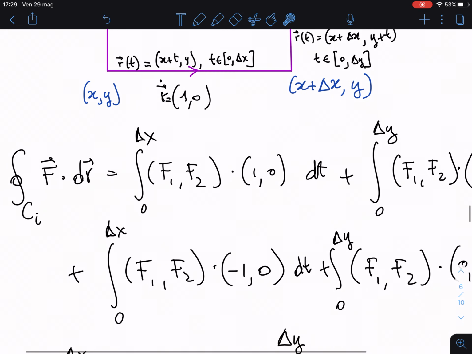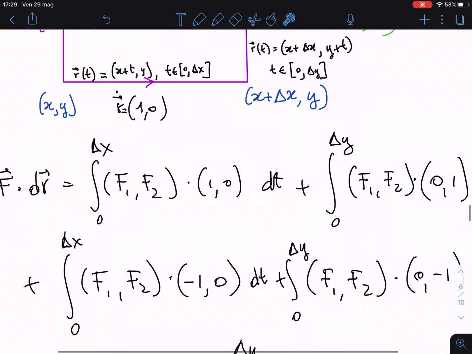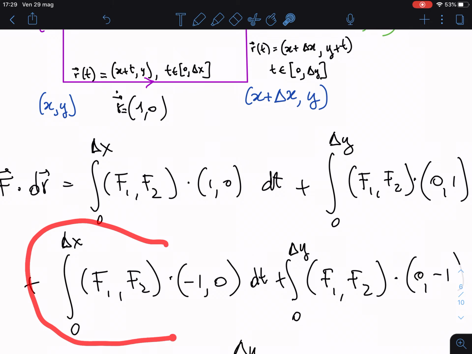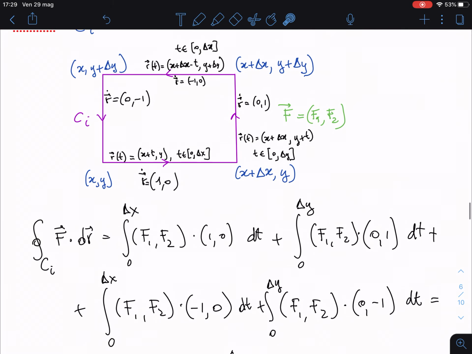So this is why in the third term, that refers to the third side of the rectangle, the velocity is (-1, 0). And then we move to the fourth and last side, where the velocity we are considering is (0, -1). Here is (0, -1), you see, dot (f1, f2). And the variable goes from 0 to delta y. Okay.